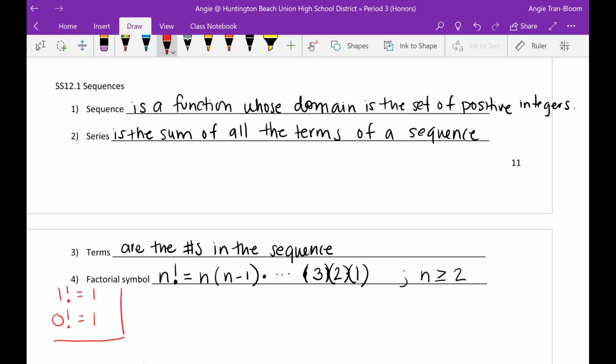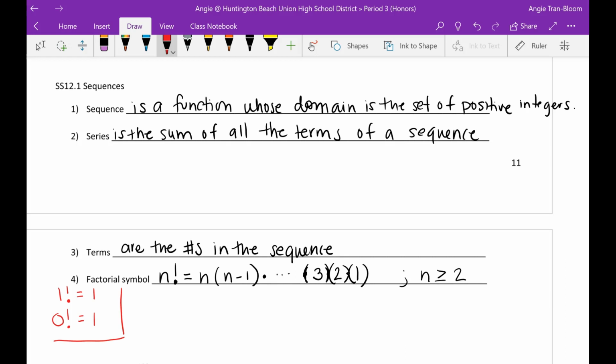Okay. Now, factorial is really going back to probability. So if you have 0 factorial, that really means how many ways can you arrange 0 items? Well, there's only one way.